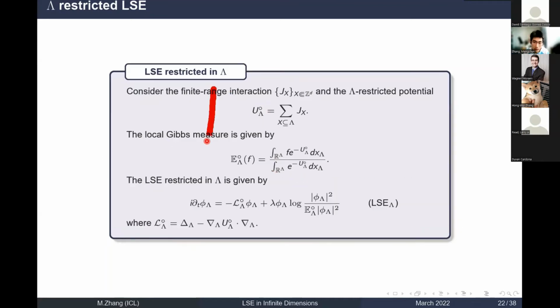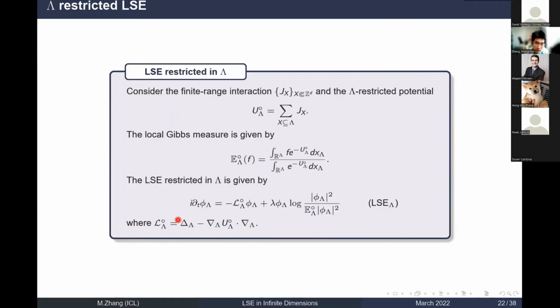Okay, so if we concentrate on this setup here, then our equation is simply given by this form, where the measure now is simply inside Lambda. So we can just replace mu by this mu_Lambda. And this operator now is again simply inside Lambda.